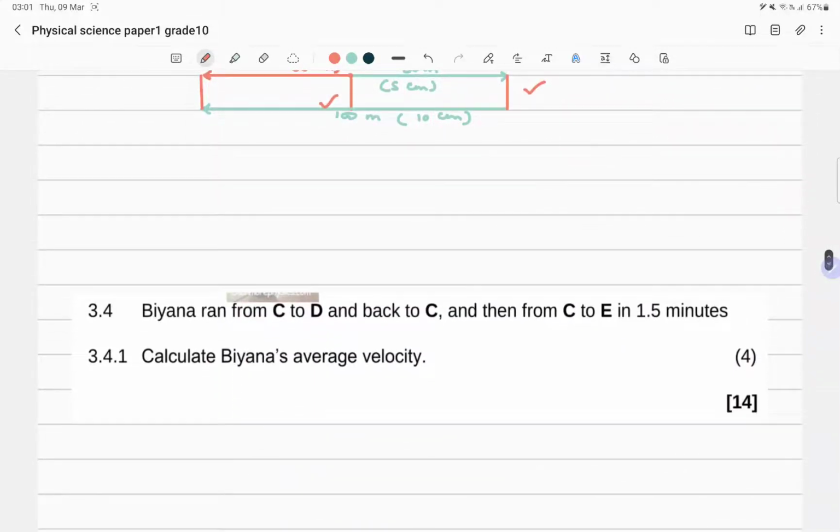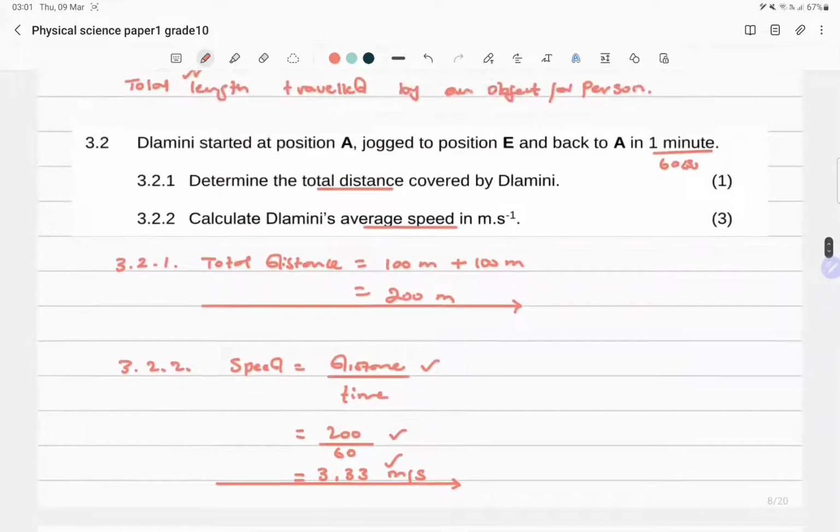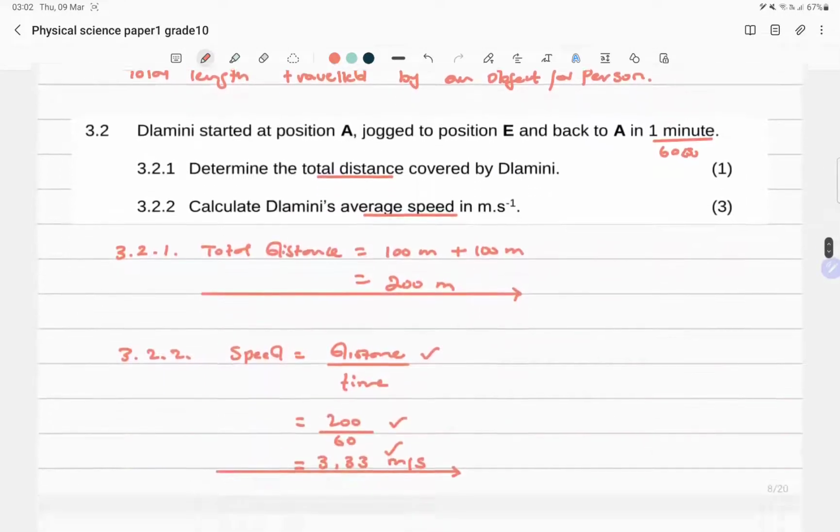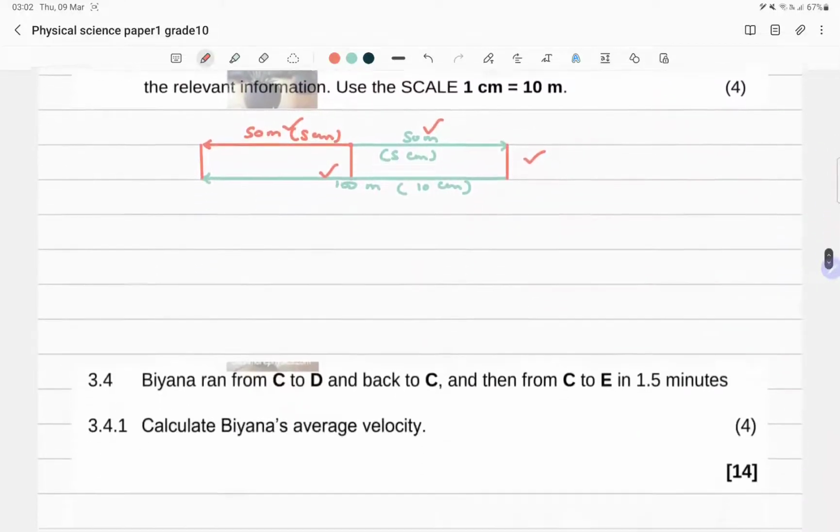And then where did she go from there? And then from C to E. Yeah, this lady, she's doing things. All right, so she takes whatever that is and then adds that. So it's going to be 50 plus those two. That's the total distance she will have moved, okay?